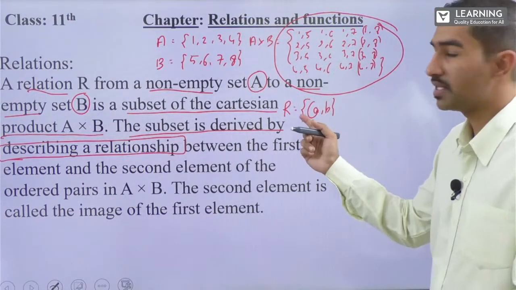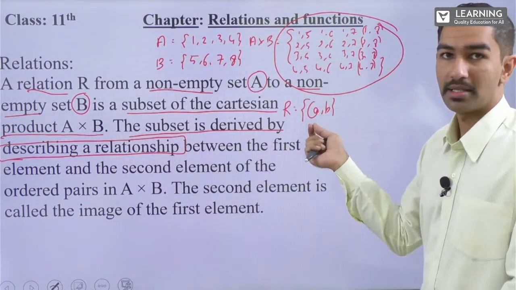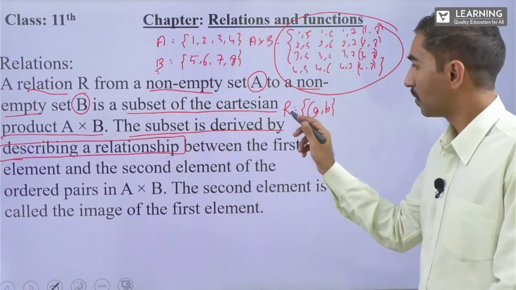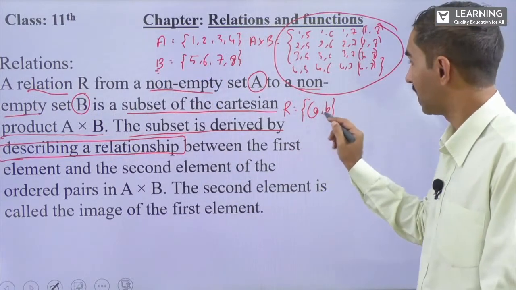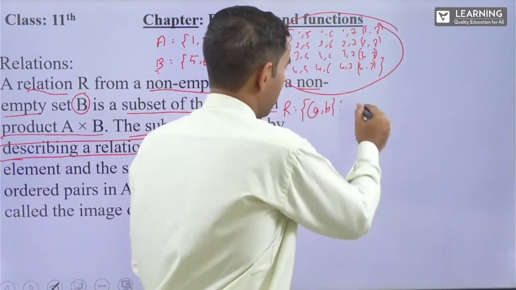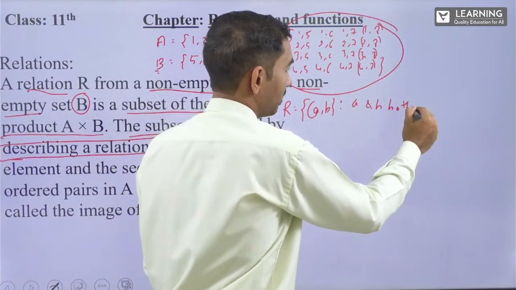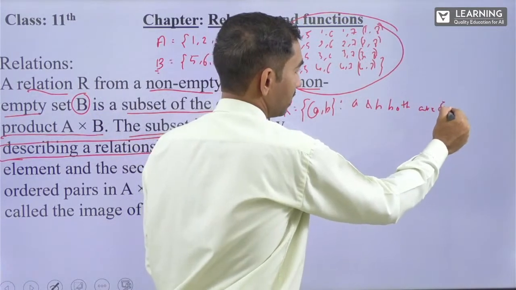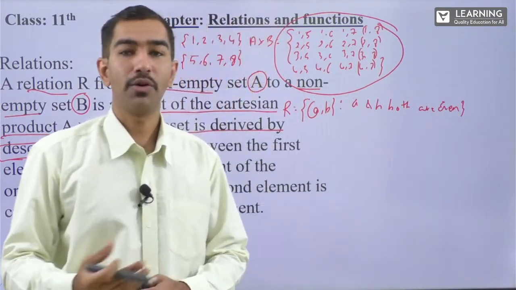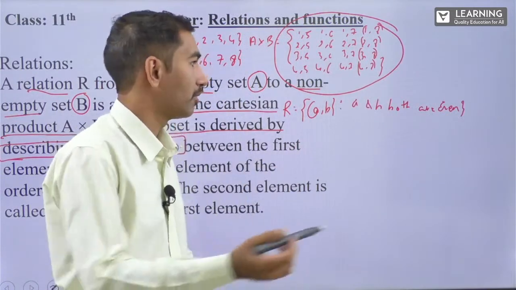Small a is nothing but the elements belonging to the set capital A, and small b are the elements belonging to the set capital B. So the relation is in the form (a, b) such that a and b both are even. This is the relation I am defining here. You can also define both odd or any other condition.